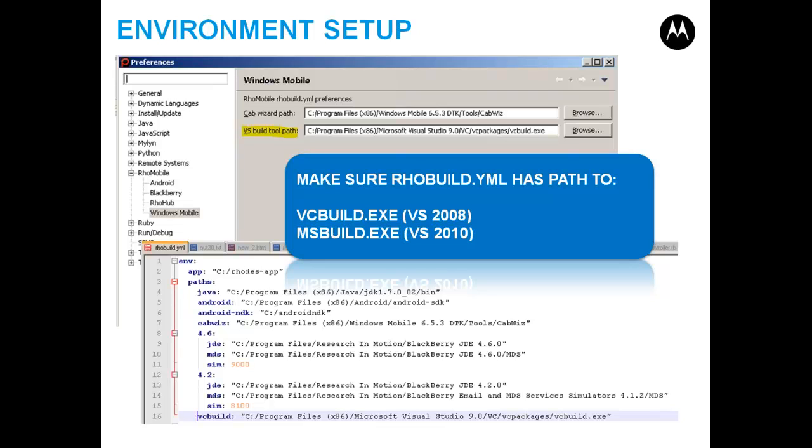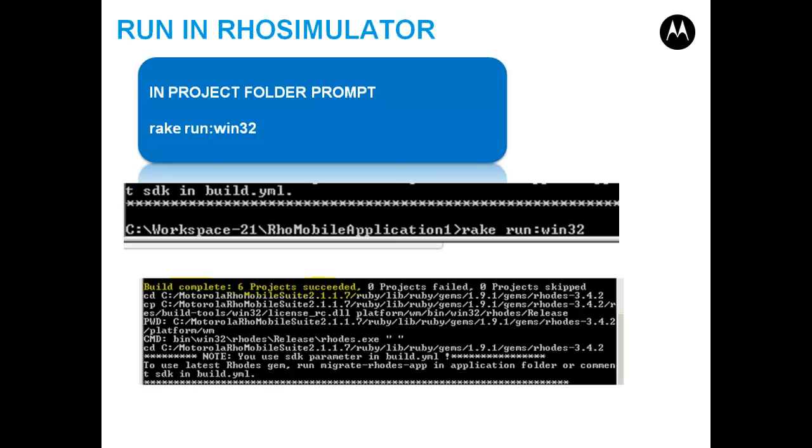And in the case if you're using Visual Studio 2010, it will be MS build. And you can get to it two different ways. You can go into Preferences, Windows Mobile in RhoStudio, or you can actually just crack open the rhobuild.yml file and take a look at what you have in there. Okay, so my environment's set up here properly for this. Let's go to the next step.